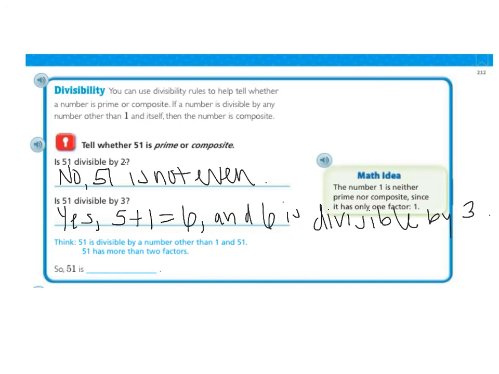So 51 is composite because more than one number can make 51. Okay, please pause and make sure you have these notes written on your paper.